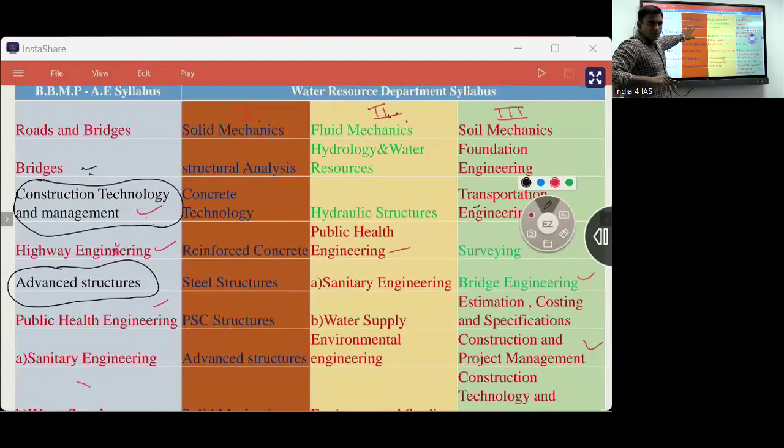In some autonomous colleges they will call it SOM, which is called strength of material. Mechanics of material they will also call. Both are same.